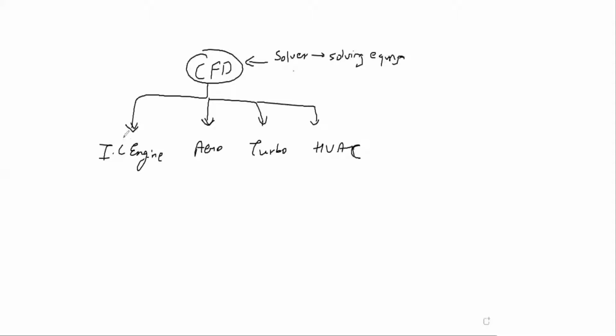Now let's say Vivek is a CFD engineer, Mehul is a CFD engineer. The background of CFD remains the same. In the background, each solver solves a set of partial differential equations, correct? And these partial differential equations are nothing but the Navier-Stokes equation.